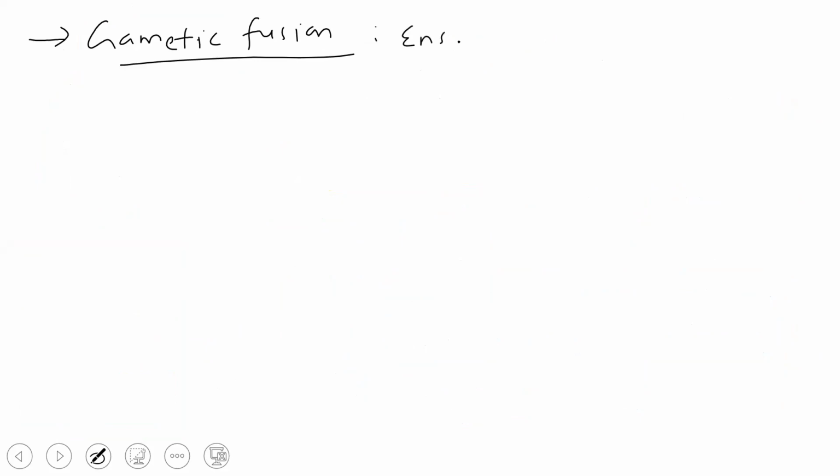Then the next event is fusion of gametes, that is gametic fusion. In that, what will happen? It is to ensure penetration of sperm in the ovum.